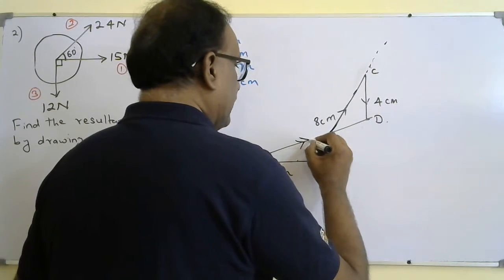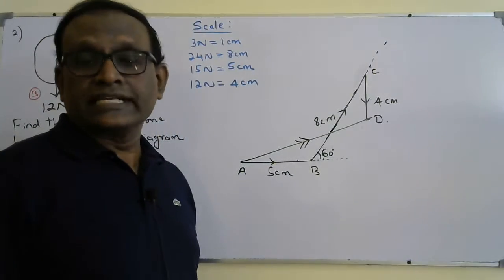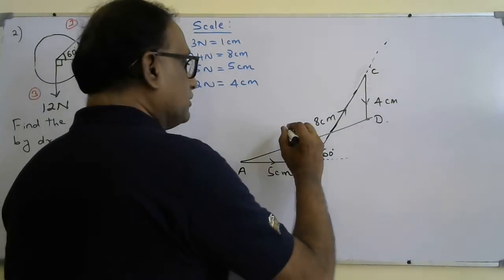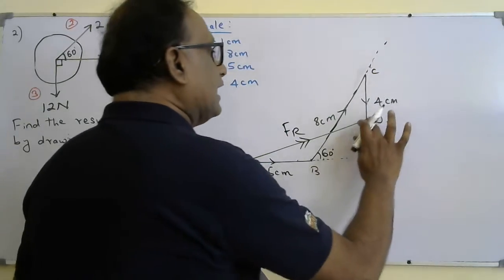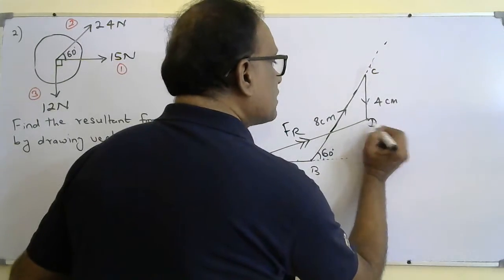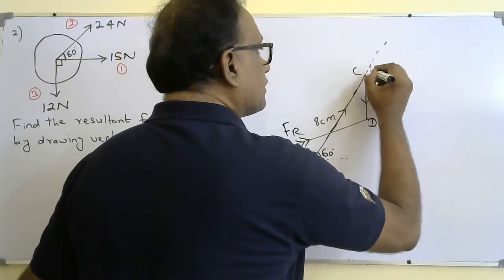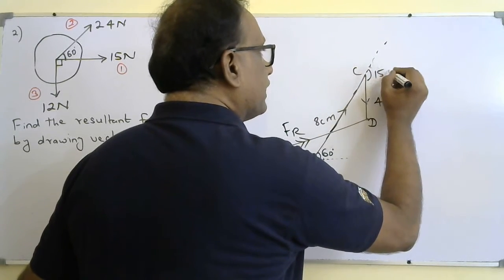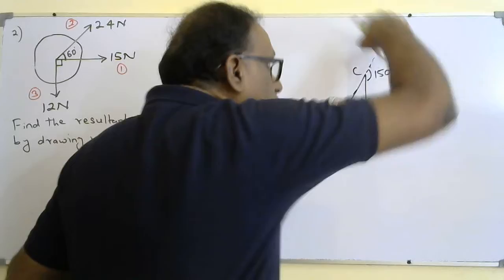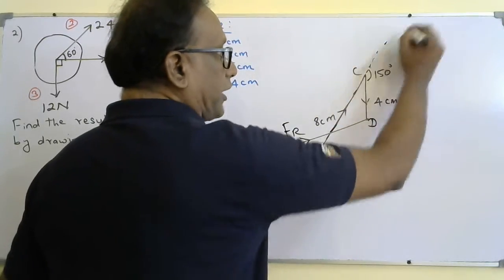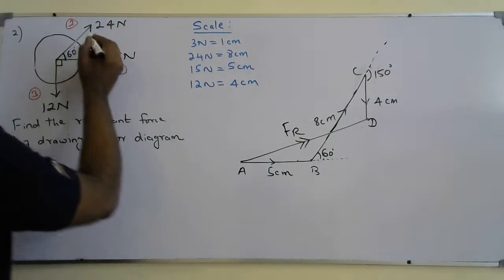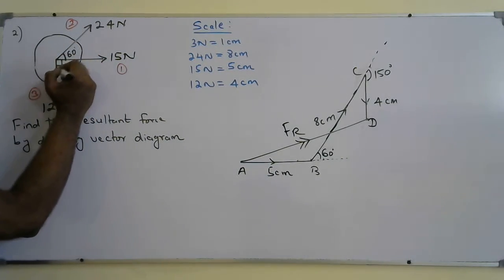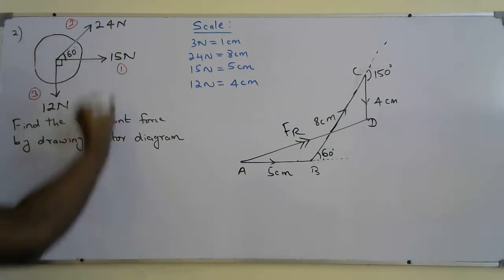We should show the resultant with a double arrow. The length of line AD gives the resultant force. Extrapolate at point C and measure 150 degree clockwise direction, because from this force, this is 150 degree.